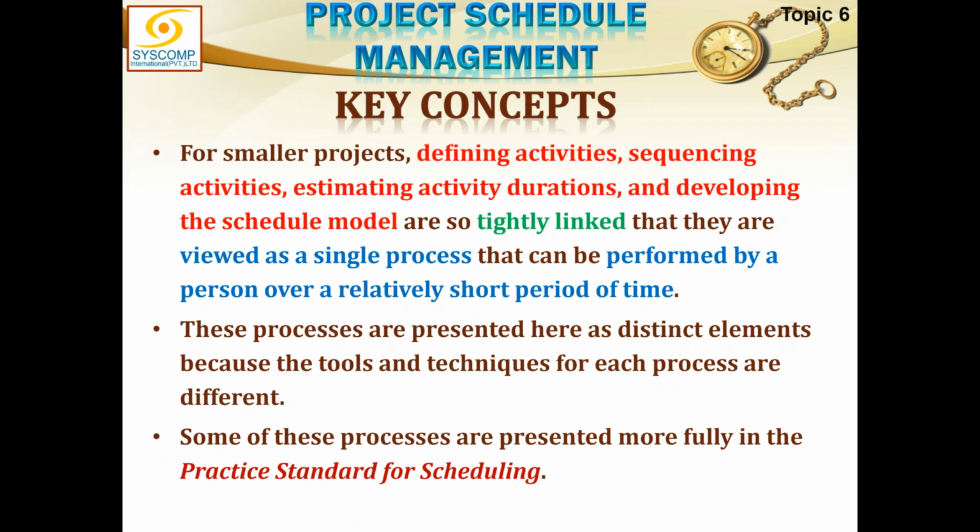When he is doing sequencing, he must know how to do sequencing, and he must be using those tools and techniques in the most appropriate way. So for each and every discrete process, he should be able to use efficiently and effectively the relevant tools and techniques, and only then your work will be of good quality.